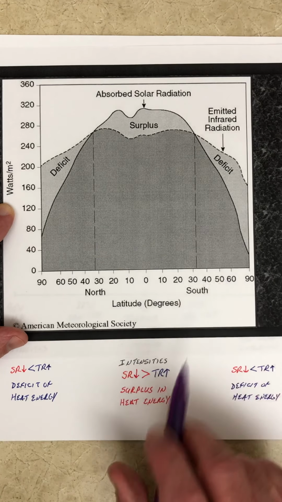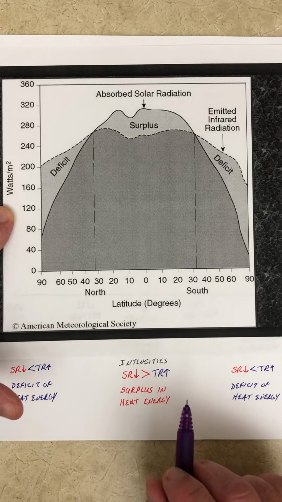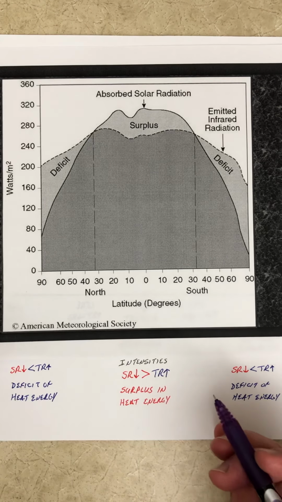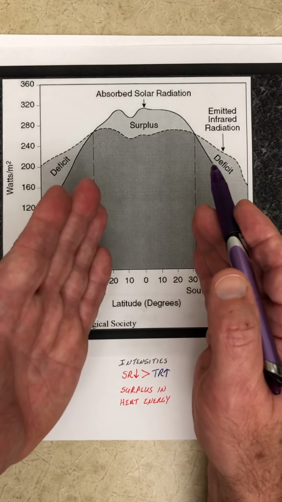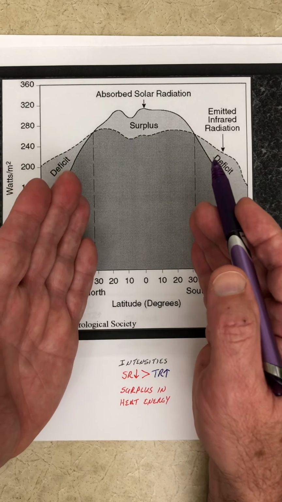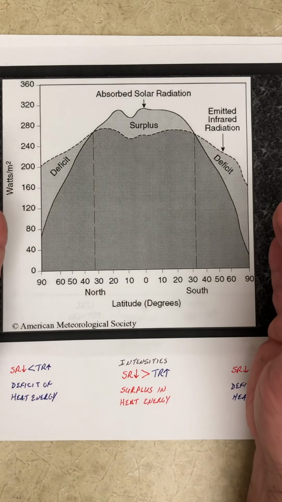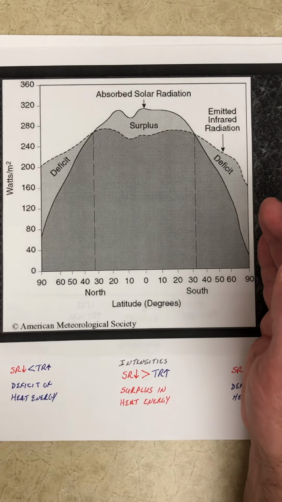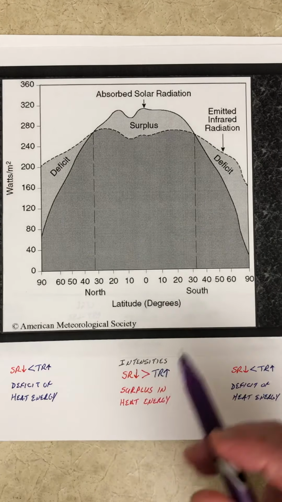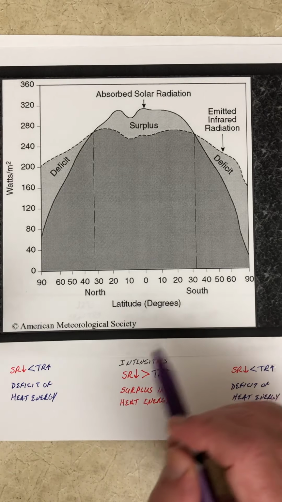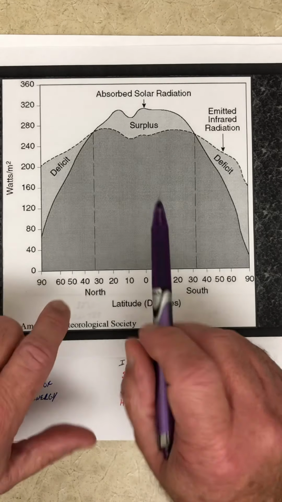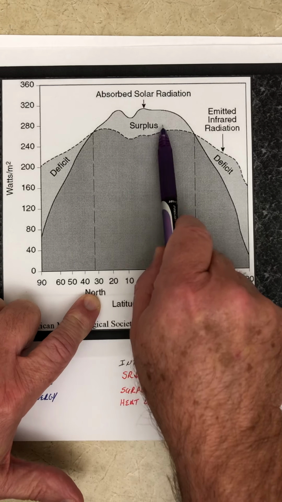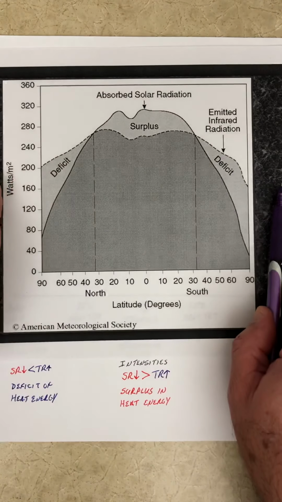So where we're going with this now is that we recognize there's a surplus of heat energy near the equator in the tropics, and a deficit of heat energy poleward of 32 degrees north and south latitude. The Earth-atmosphere system is going to want to reach equilibrium, so it's going to try to move this surplus heat energy from the tropics out towards the poles.